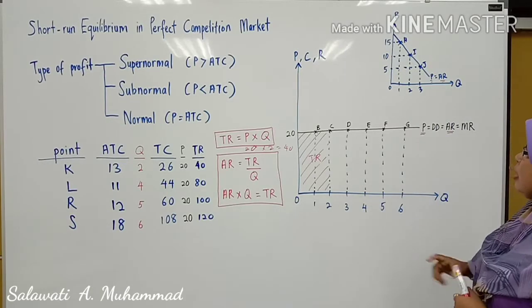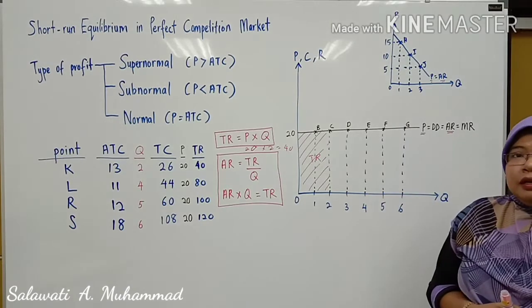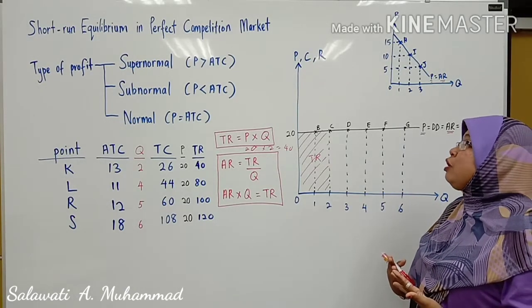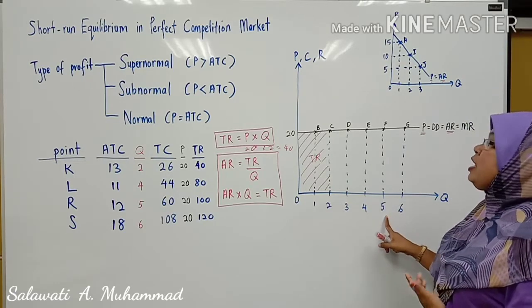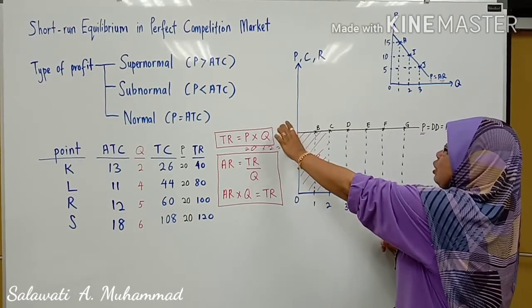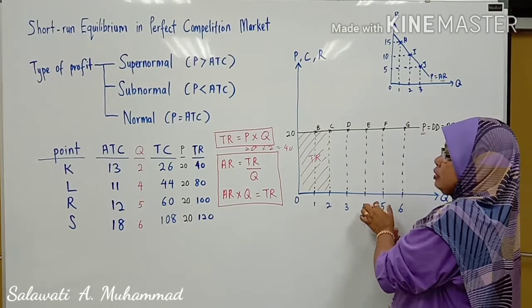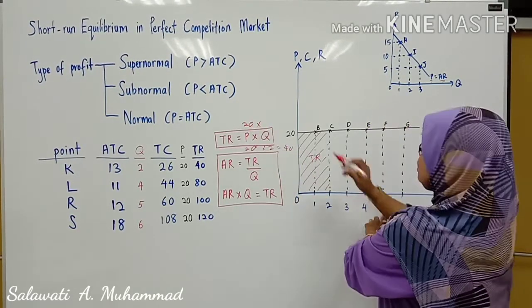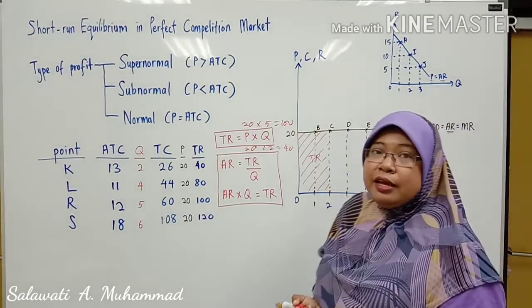Okay, how about point F? When the question asks you to find the amount of total revenue at quantity 5, then you multiply price 20 with quantity 5. Okay, price is 20 multiplied with quantity 5. So you get 100 here.